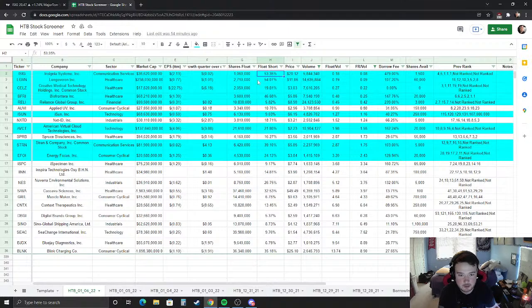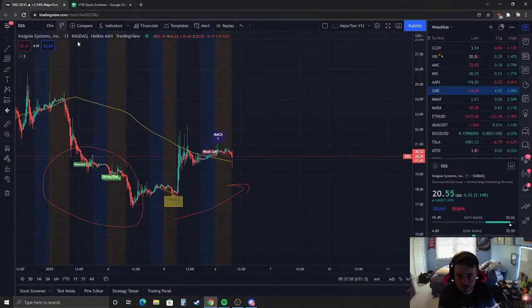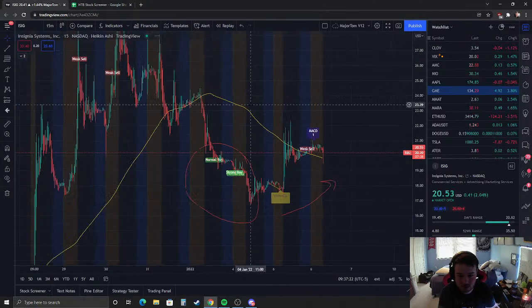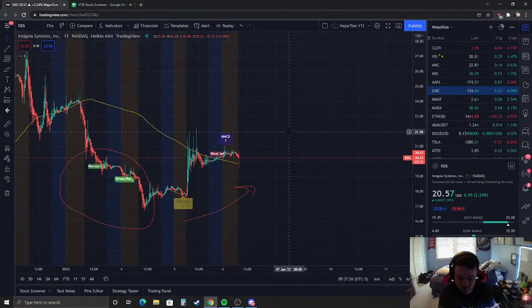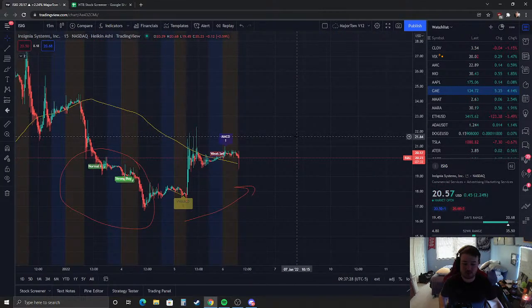Half of the entire float is short sold. The borrow fee is still 500%. So whoever's holding this short seems very confident that this stock is worth nothing. But it doesn't make sense to hold a 500% borrow fee rate as a short seller. You're just going to bleed money super hard.